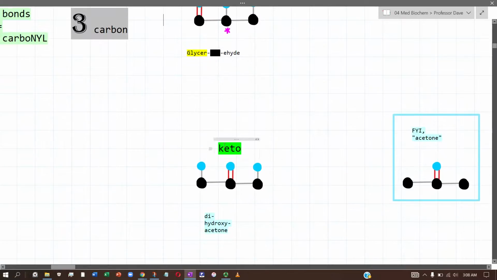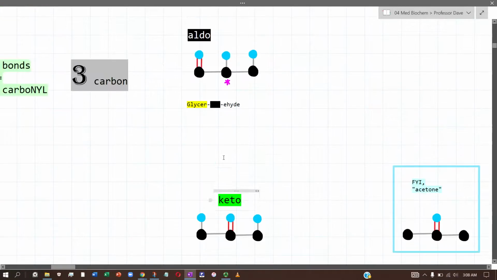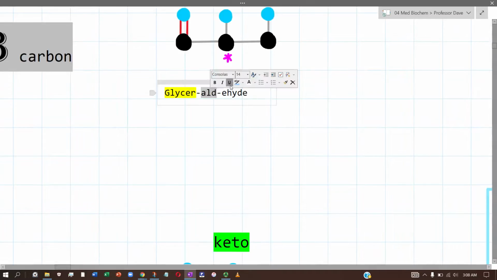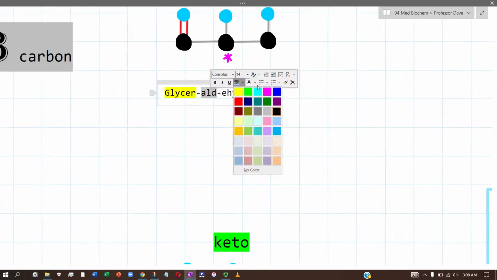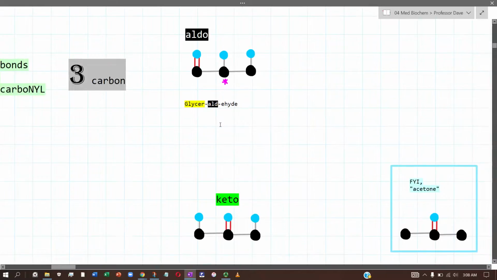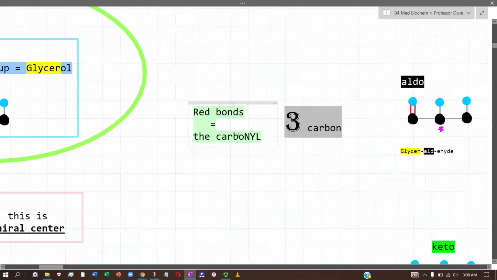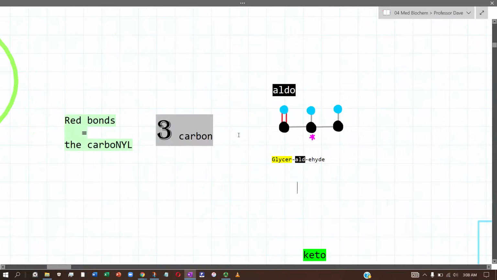And if it's located somewhere in the middle, somewhere that's not at the tips, that is called a ketone. And here, let's fix this. This just got messed up a little bit, but there we go. Glyceraldehyde.